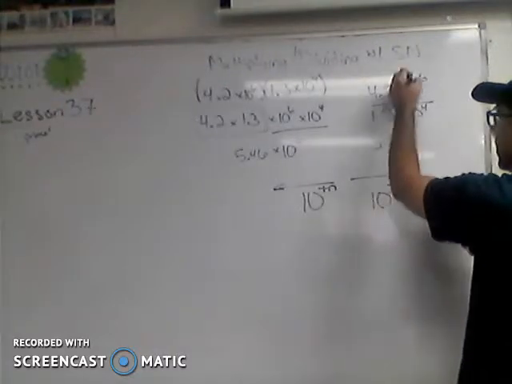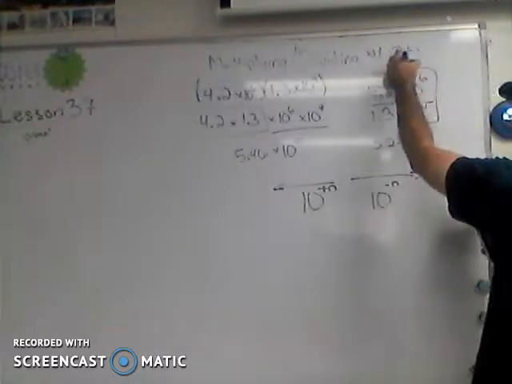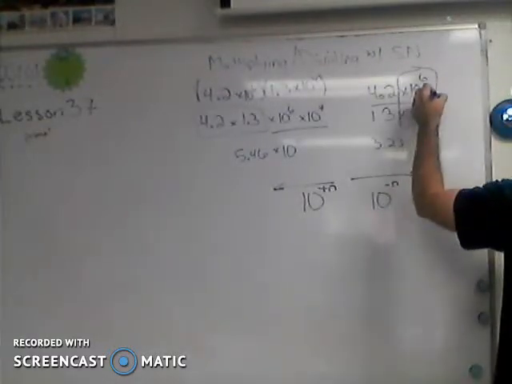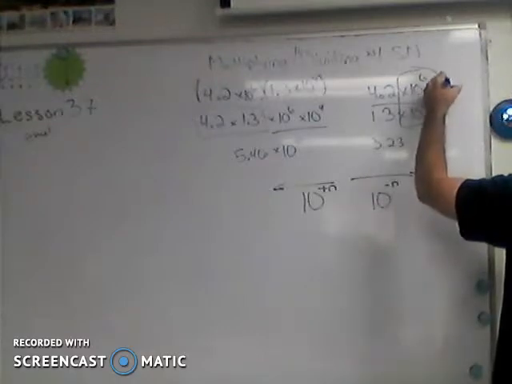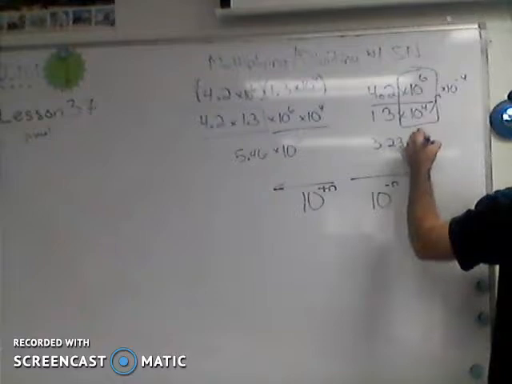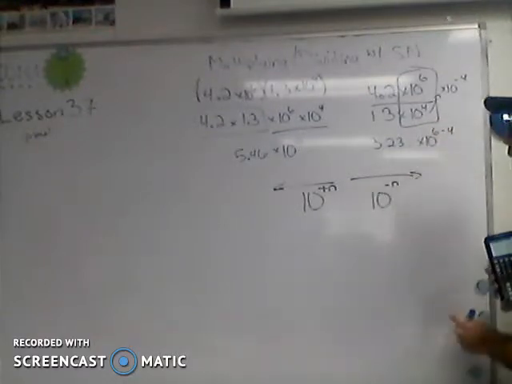Blah, blah, blah. And then this part right here can be its own separate problem, and that looks familiar, or it should, because if I put this up here, this becomes times 10 to the negative 4, or times 10 to the 6 minus 4 power.